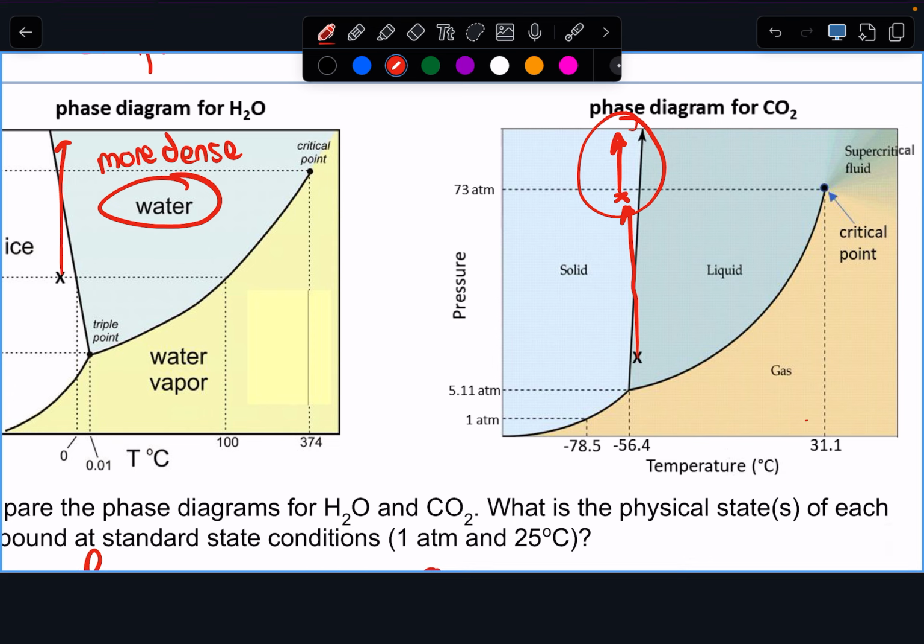So CO2 is more typical of other substances. With bread or marshmallow, we're squashing air out of it, so there's not actually a phase change happening. But most substances are going to shift to the solid phase as their more dense phase, and water is unique in that.